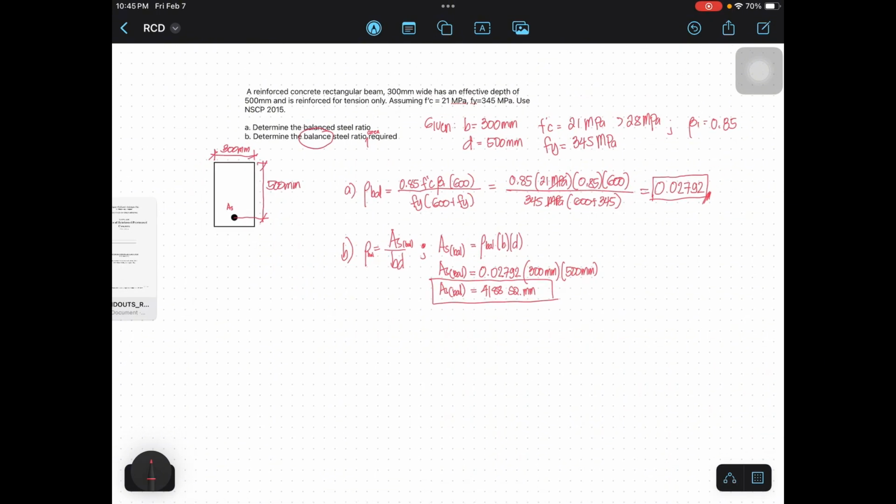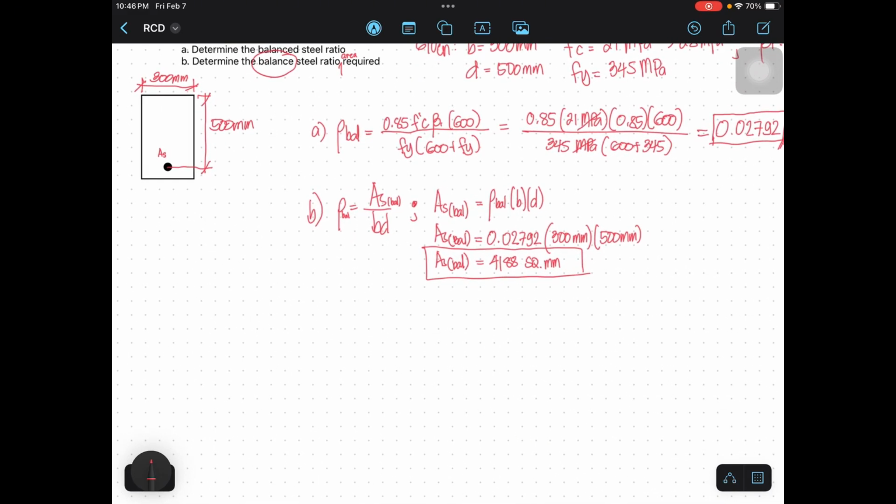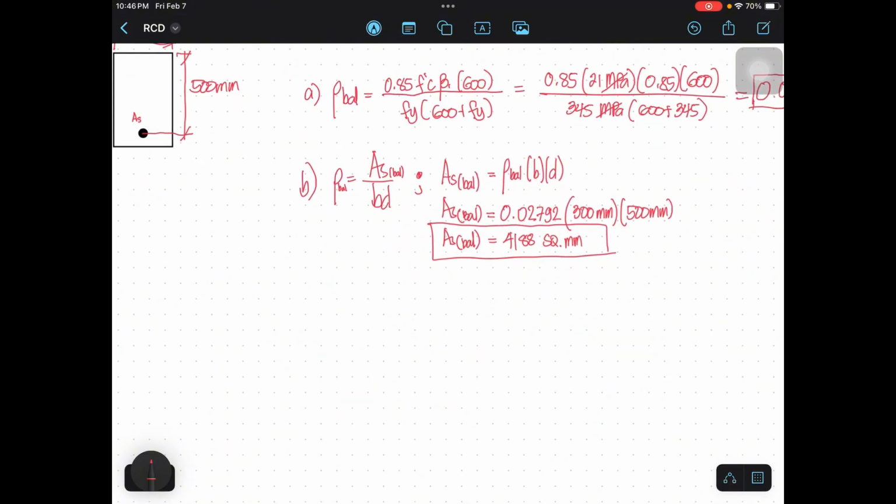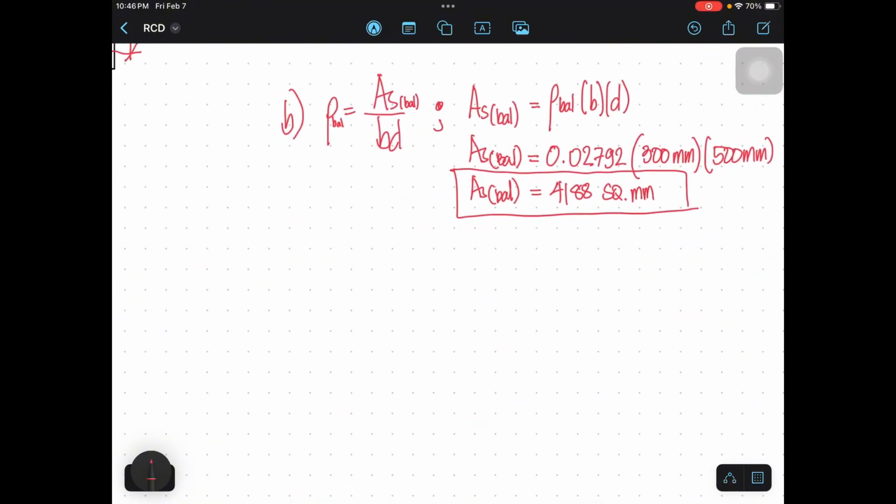Next. Ngayon, dagdagan natin yung question. What if tatanong ko if ilang bang piraso yung magagamit natin na reinforcing steel bar if halimbawa gagamit tayo ng 32 mm diameter na RSB. How many pieces? Okay.